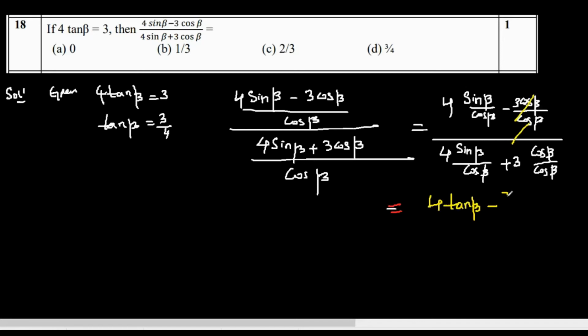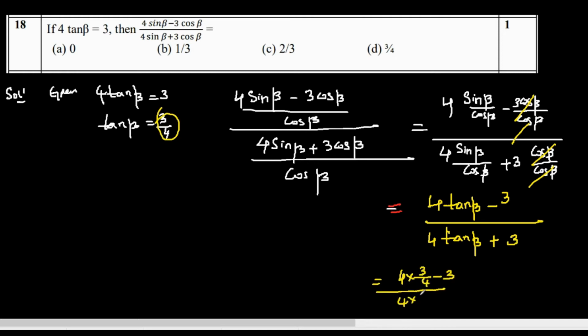Cos get cancelled, so it is 4 tan beta minus 3 divided by 4 tan beta plus 3. So already we got tan beta value as 3 by 4. We will replace here. So 4 into 3 by 4 minus 3 divided by 4 into 3 by 4 plus 3. 4 4 get cancelled. 3 minus 3 by 3 plus 3. 3 minus 3 is 0 by 6, which is nothing but 0 itself.